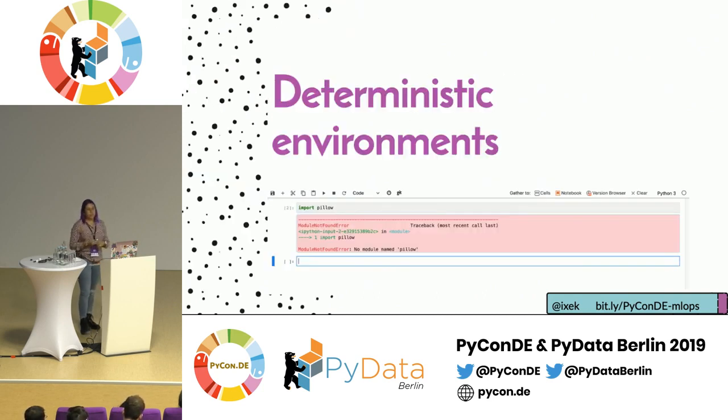The second step that you can start introducing is having deterministic environments. How often do you pull a Jupyter notebook or a script from one of your colleagues, or even a notebook that you ran 6 months ago, and you end up with things like this, like import a package and that package doesn't exist, or something has changed, or you're using an outdated version that has significant API changes and all of your results are changed.